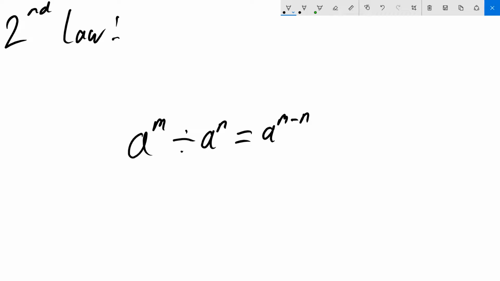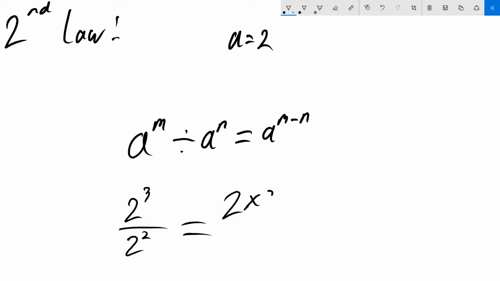So let's take a look at this as a fraction, and let's use our example 2 again. So a is equal to 2. So let's do 2 to the 3 divided by 2 to the 2, and that's equal to 2 times 2 times 2 over 2 times 2.